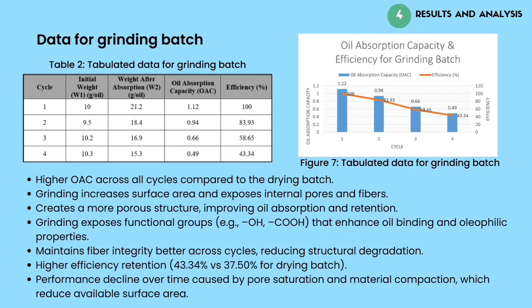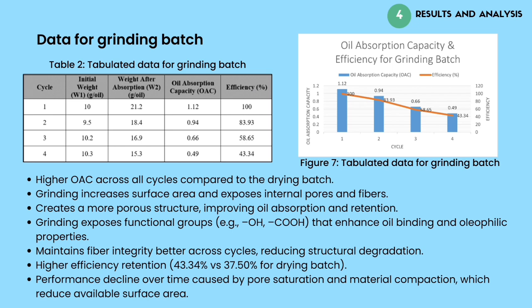On the other hand, for the grinding batch, the initial OAC was 1.12 g per g, which is notably higher than the dried samples. After 4 cycles, it decreased to 0.49 g per g, retaining 43.34 percent efficiency.